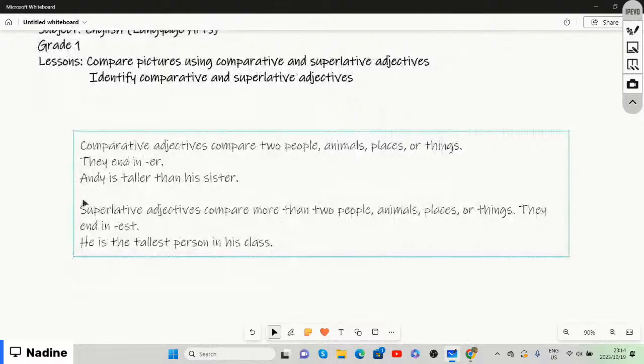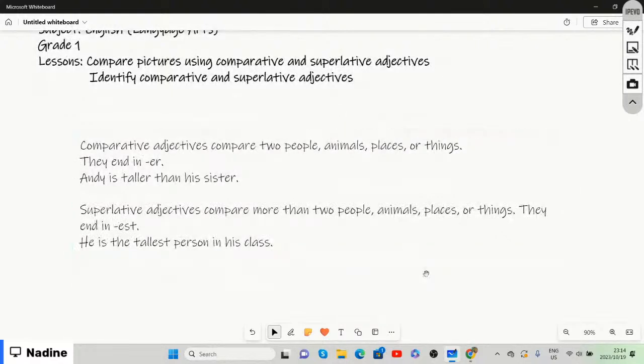All right, so comparative adjectives, right? They compare people, animals, places, or things. So remember I said that an adjective tells us more about people, animals, places, or things. But in this case, comparative adjectives are used when you're comparing things.